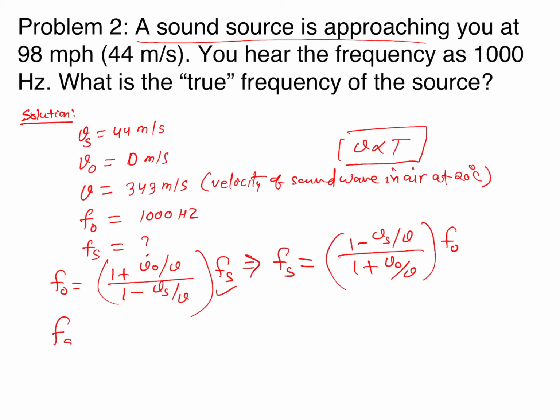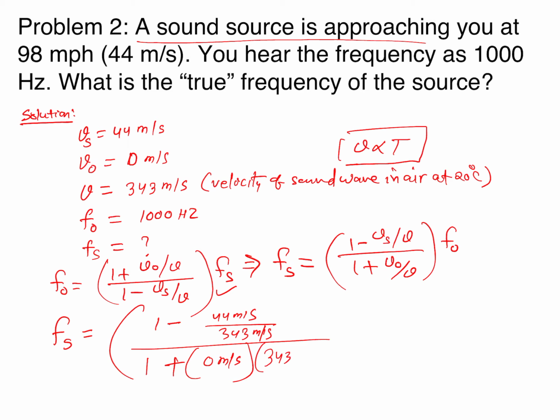So fs is 1 minus 44 meters per second divided by 343 meters per second, over 1 plus 0 meters per second over 343 meters per second, times 1000 hertz. If I calculate this, I will find 872 hertz.